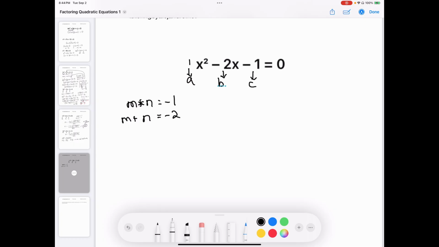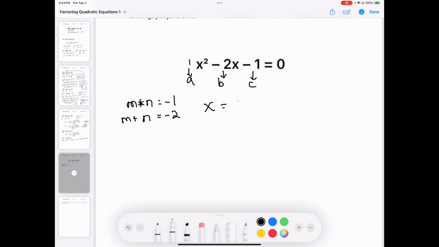There are two numbers that can fulfill both conditions, but they're not integers. You could test it out using the rule of thumb: think about two numbers that can fulfill those two conditions, and you'll very likely spend more than 20 seconds doing that. All right, so let's move on to the quadratic formula.